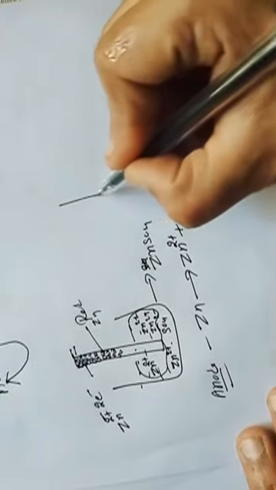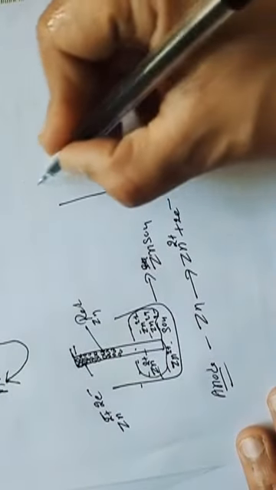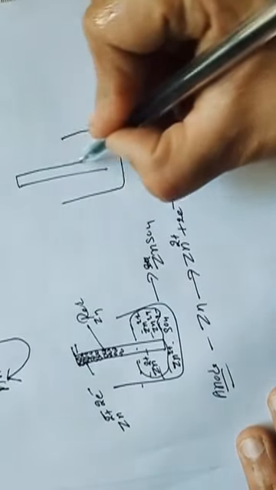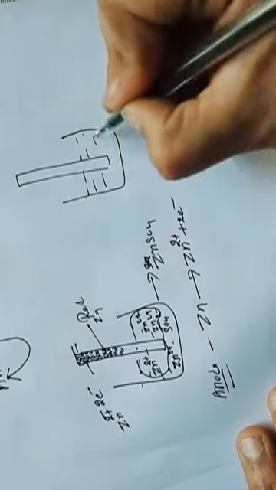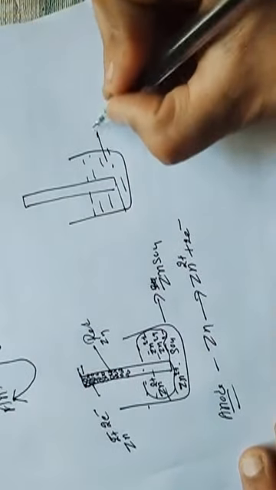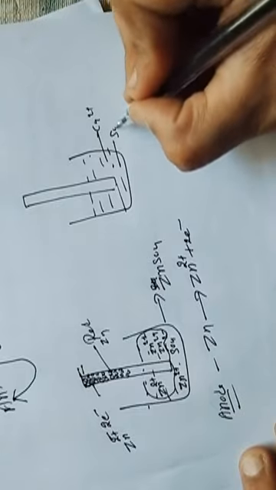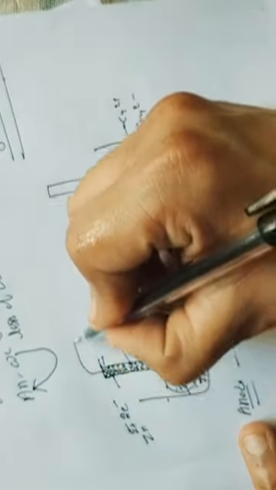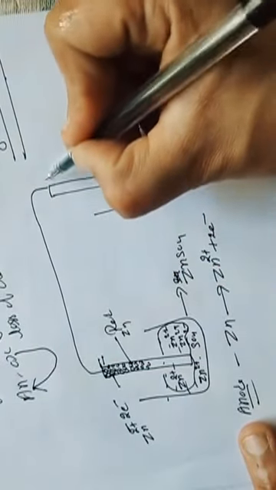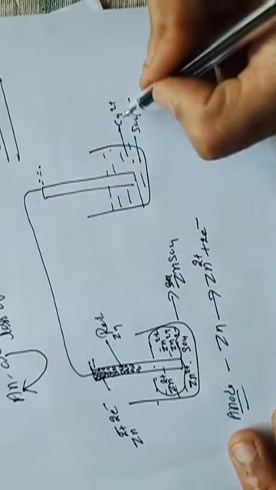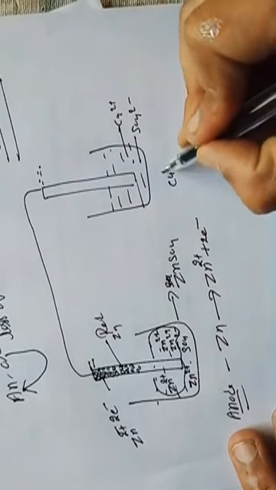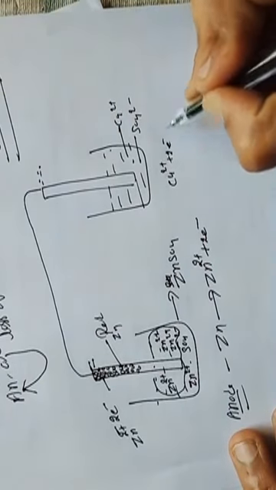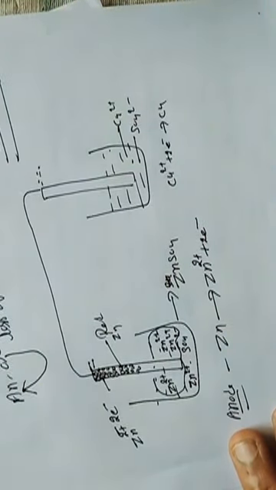In the same way, in the second half cell, copper sulfate, here Cu2+ and SO4 2- are present. And when electrons reach here, what will happen? Cu2+ will take 2 electrons and change into copper.